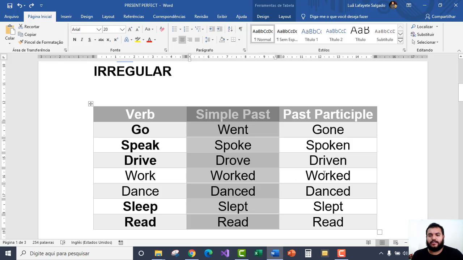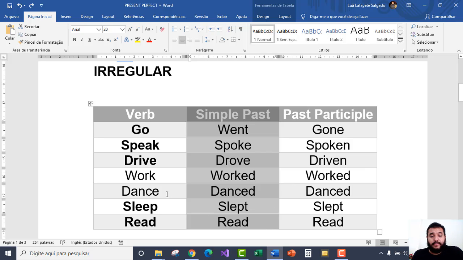Work is a regular verb: worked, it doesn't change. Most of the verbs are regular, but there is a small group of verbs, and this small group is irregular. So you need to be careful with regular and irregular verbs. You need to practice a lot to understand what is regular and what is irregular. Nice.